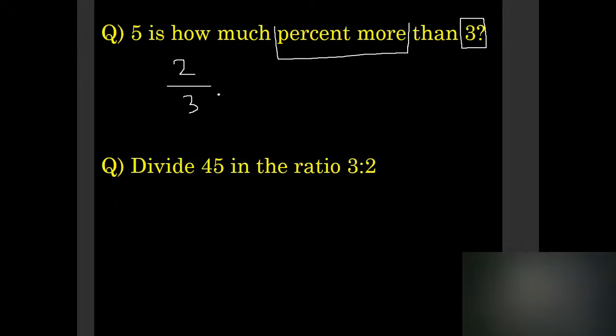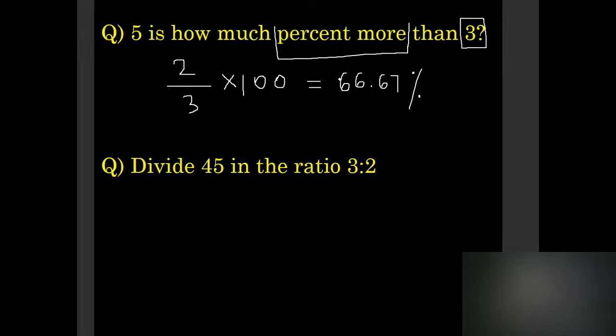So 2 by 3 into 100 gives us 66.67%, which is the answer. So 5 is 66.67% more than 3.